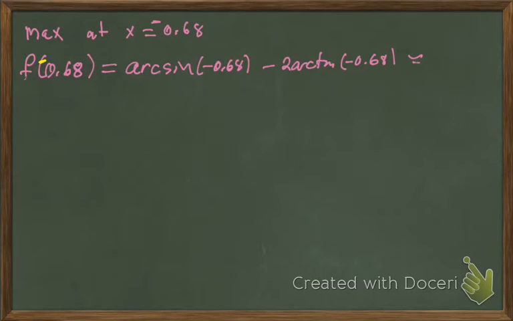Okay, so that is going to be about 0.447. So our maximum is approximately negative 0.68 and 0.447.